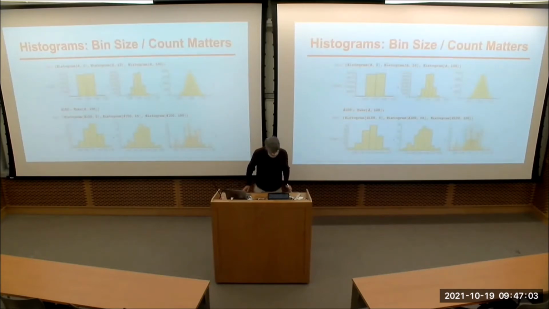Now, the single biggest advice I have when it comes to histograms is making sure that you have the right number of bins. Here is a figure where we have a very large number of points, perhaps 100,000. I guess this was the baseball batting average, if I have to take a guess.